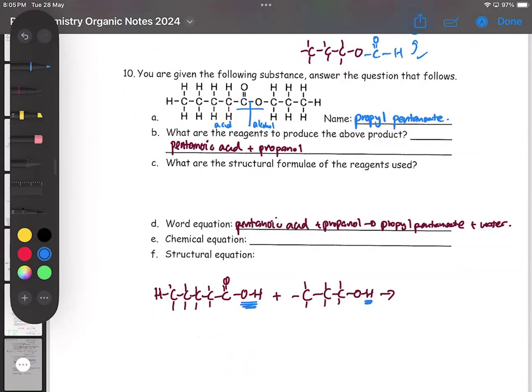So the acid group, we have 4 carbons on the side with the C double bond O, and then this will be connected to the alcohol side with the O over here. Remember, this and this will join together. So we have O with 3 C's. And then we have H2O.